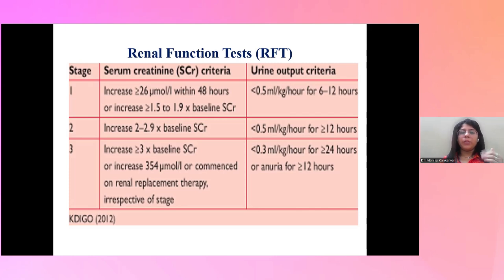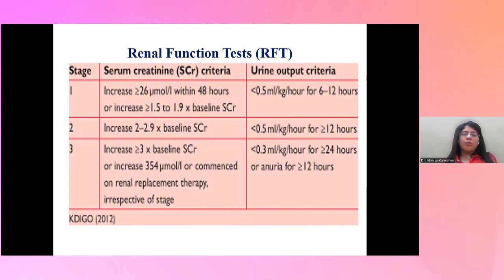If the serum creatinine increases to 1.5 to 1.9 times the baseline, and the urine output is less than 0.5 ml per kg per hour for 6 to 12 hours, then you will say the patient is at stage 1 of AKI, and you can start the treatment regimen for AKI management accordingly.